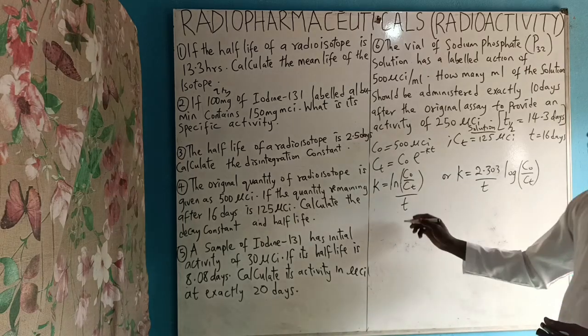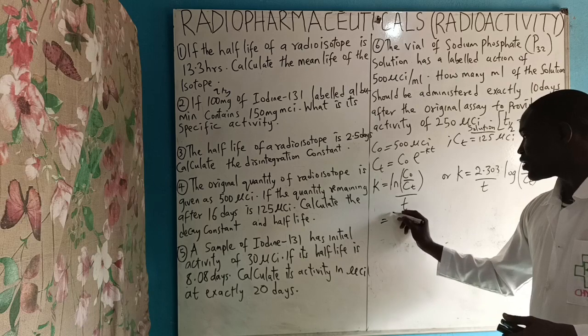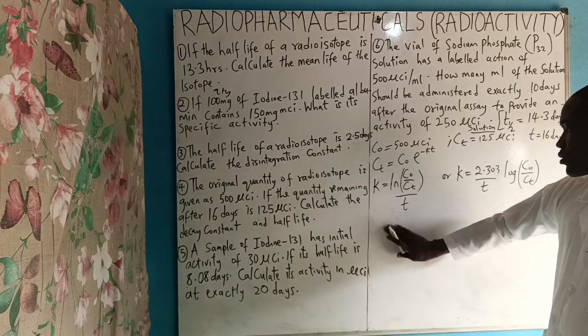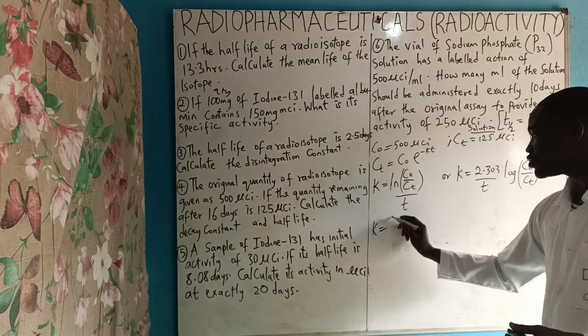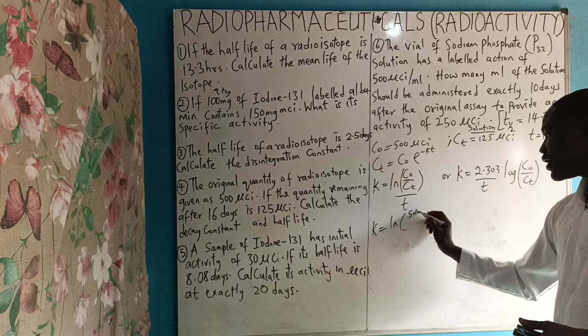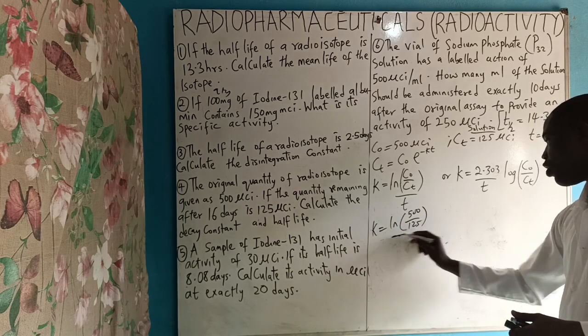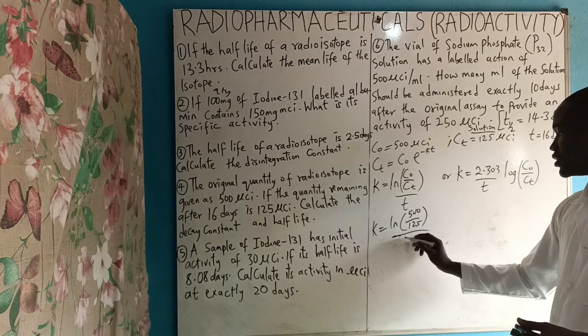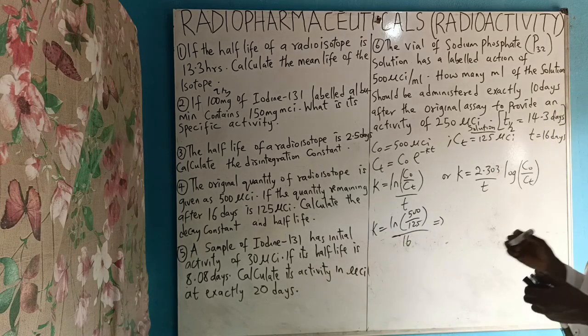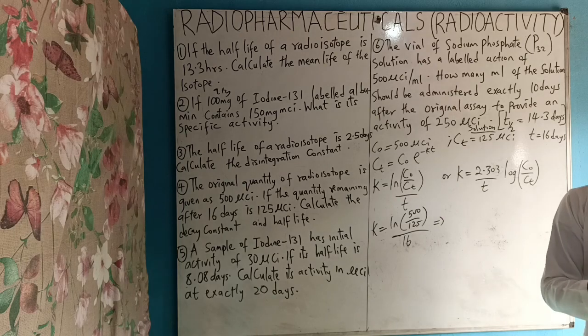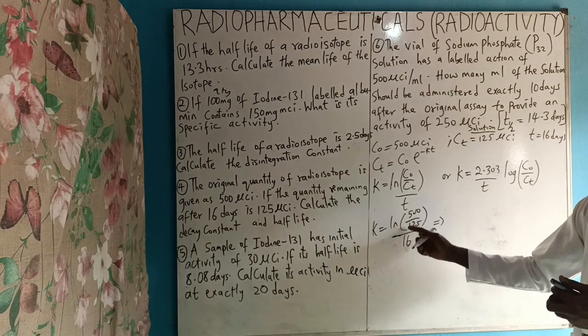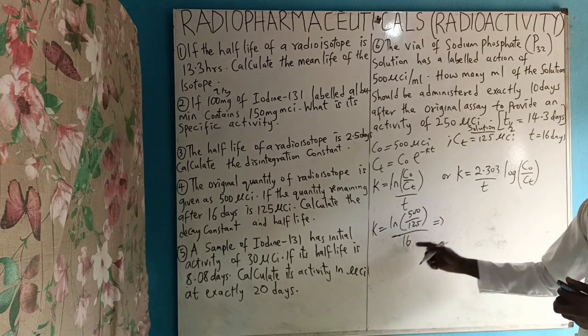Okay? So see what we get now. K is equal to ln bracket 500 over 125 all over T, which is 16. In your calculator you have what we call ln. You just press ln bracket 500 over 125 all over 16.